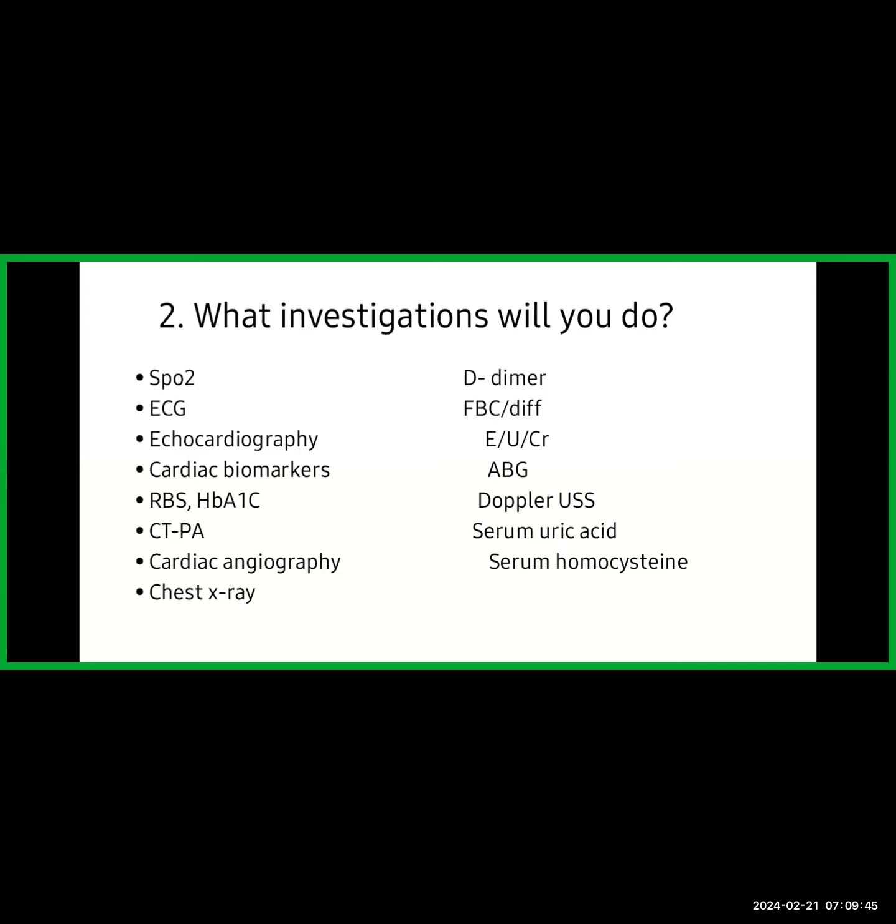Again, the McConnell pattern of acute pulmonary embolism could be seen, and some other strain on the right ventricle. And again, pulmonary hypertension almost coexists with acute pulmonary embolism. That could also be seen.